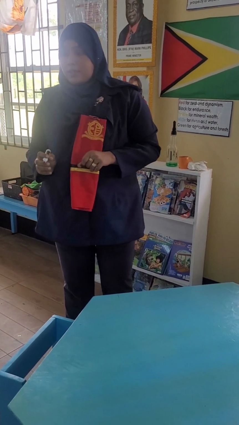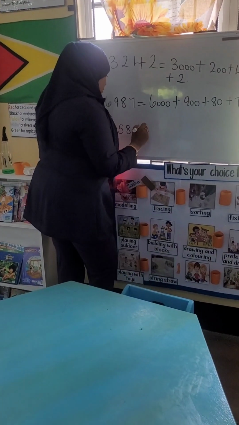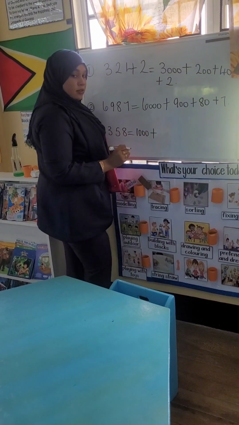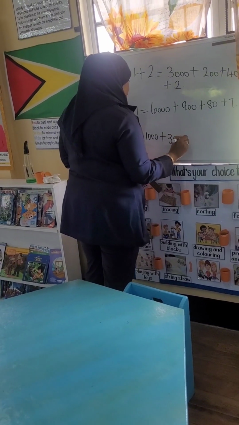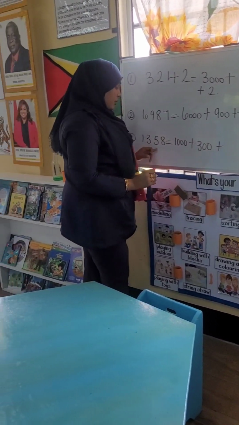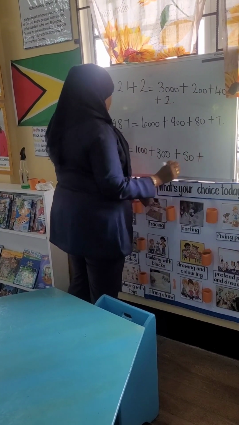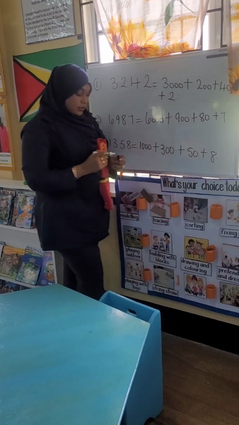Aaron, let me hear. So, okay, 1,000 plus 300, very good, plus 50 plus 8, very good.